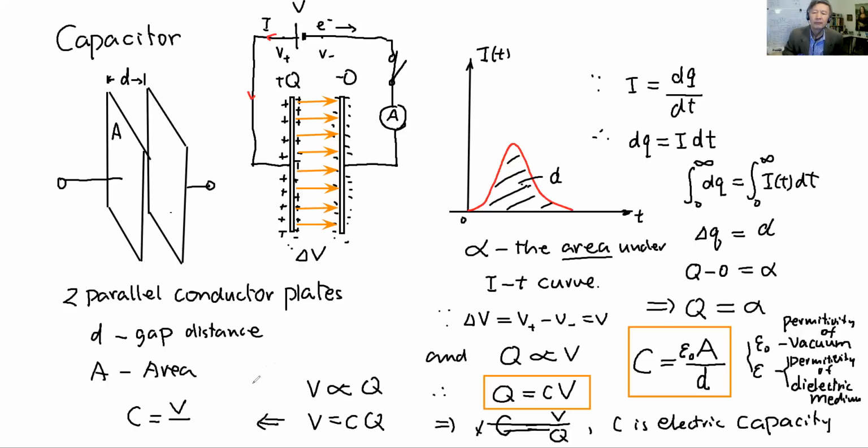Look. CV. No, it's the other way around. V is proportional to C. Something is wrong here. Even if I don't use this for a while, I get into trouble.